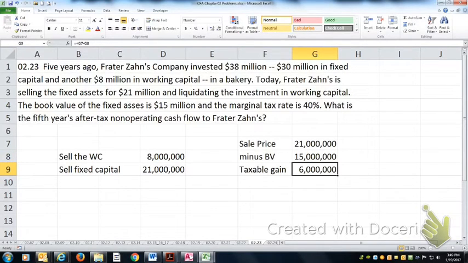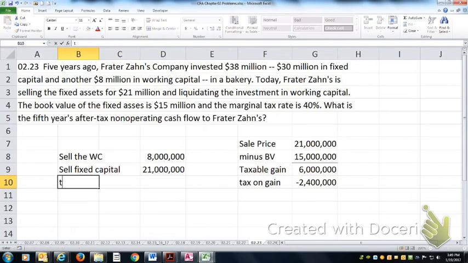What they're doing is recouping the income taxes that I saved by taking too much depreciation. So when I sell the fixed capital, the taxable gain, the tax on the gain would be at 40%. I'm going to owe $2,400,000.